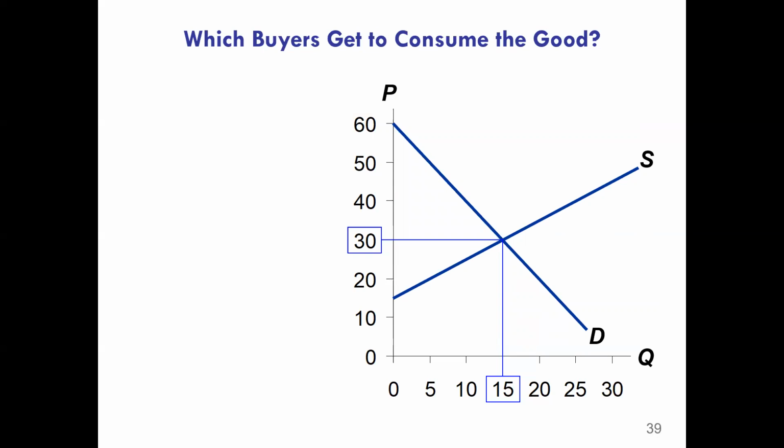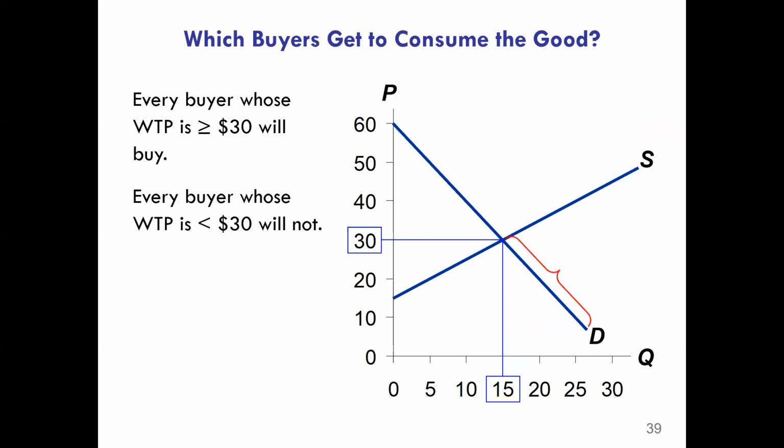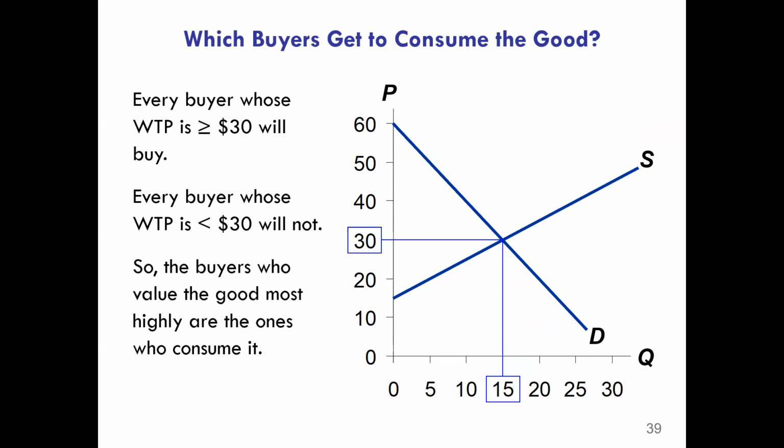Now let's look at which buyers get to consume the goods. Every buyer whose willingness to pay is greater than or equal to the $30 price would buy. Every buyer whose willingness to pay is less than $30 will not. So the buyers who value the good most highly are the ones who consume it.